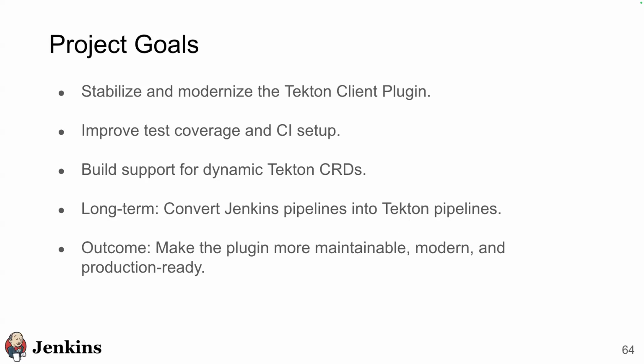We also aim to build the support for dynamic Tekton hierarchies, enable more flexible integration patterns. Our long-term vision is to convert Jenkins pipeline into the native Tekton pipelines, providing a migration path for teams. Next, please.